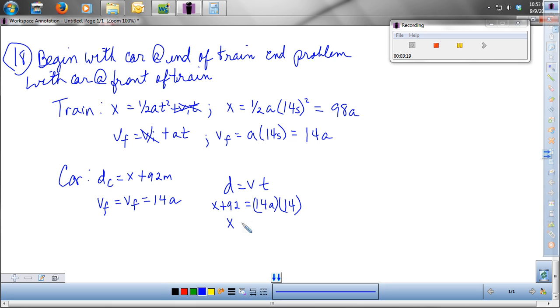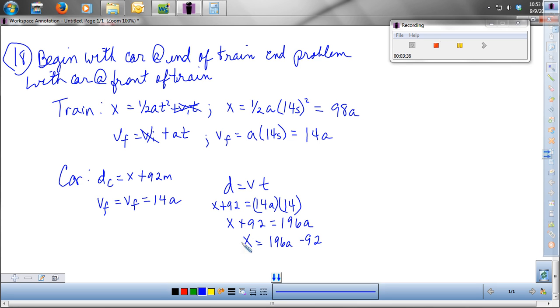So x plus 92 is equal to 196A. So I said then x for the car was equal to 196A minus 92. Or x, I'm sorry, is defined as the distance for the train, so that's what the train has done.